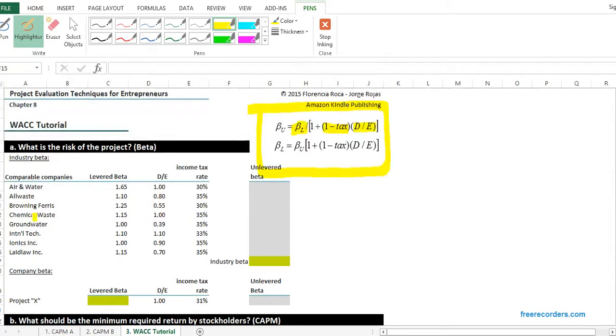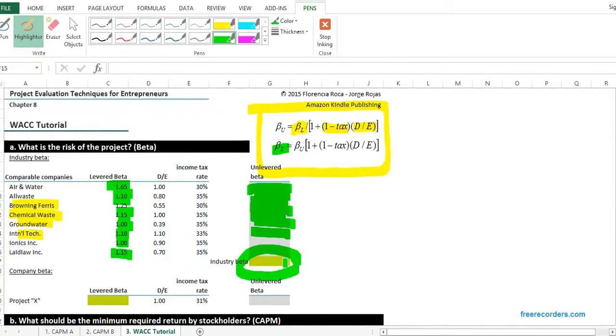For example, in this case, these are waste related companies. That would be the risk of the activity. But then we have another calculation, which is the levered one. Once we have, the first step will be to reduce all these levered betas, transforming them into unlevered ones. And then we reverse the procedure, because if we average all these betas, what we have is the risk of the industry, only the business risk, not the financial risk.